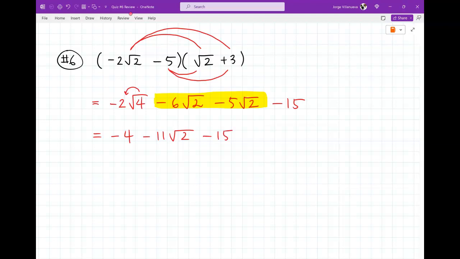Negative 4 minus 15 is negative 19. And we're done here. Now, I was asked last week about why I don't combine negative 19 minus 11. Remember, the only way I can combine those two is if negative 19 had a square root of 2, or if the 11 didn't have a square root of 2, right? They were either just both numbers or they both have the same radicals.